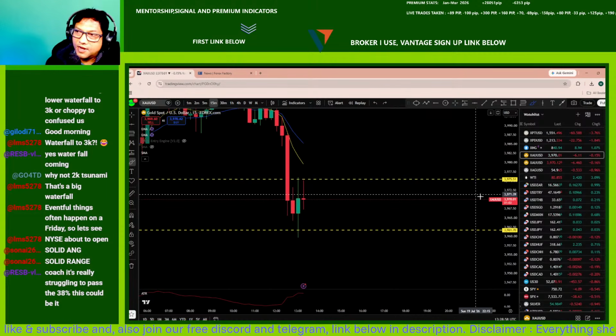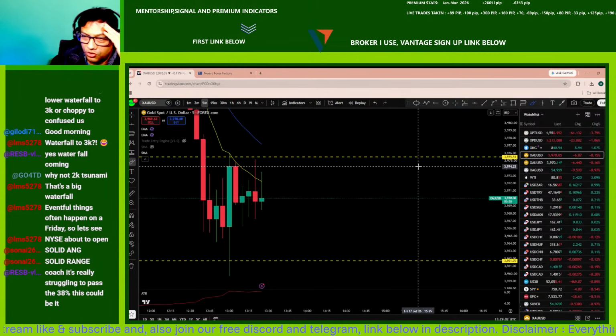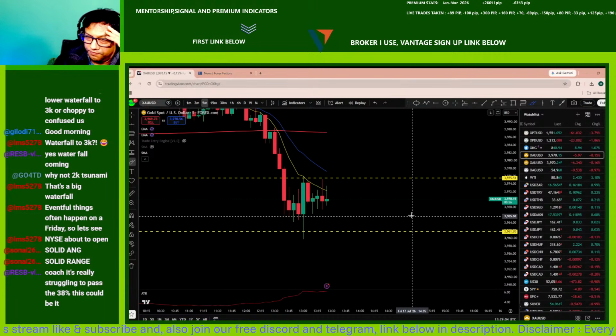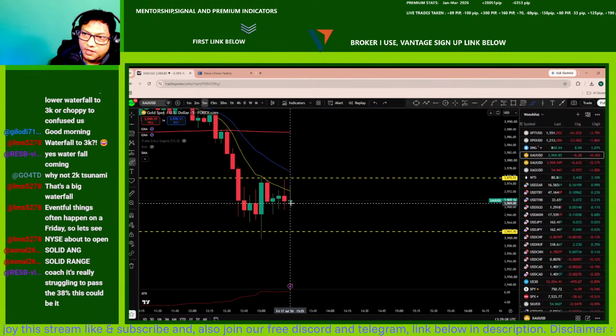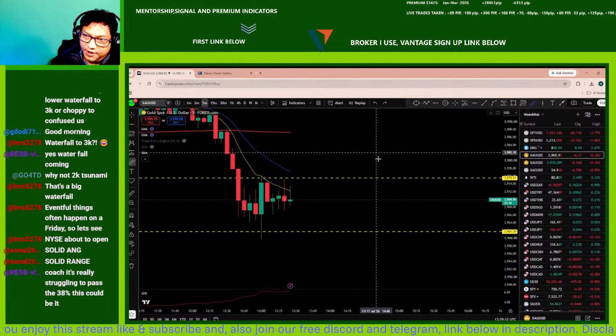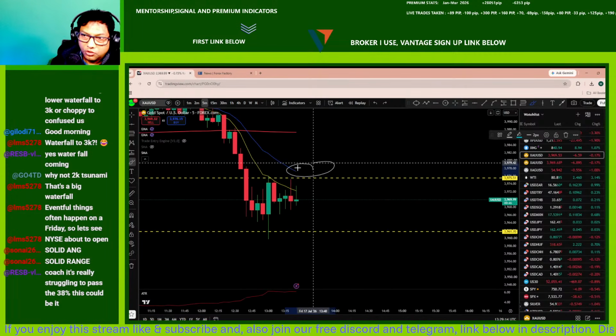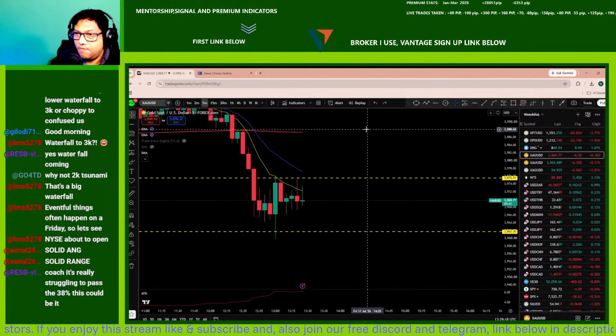It didn't break that high here. Because it did not break that high, the market can break up, and to grab more liquidity, it can still go back to the upside again here.